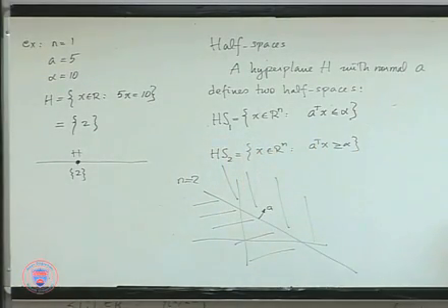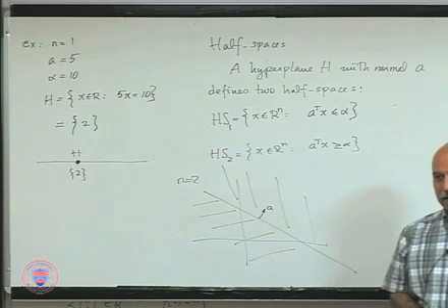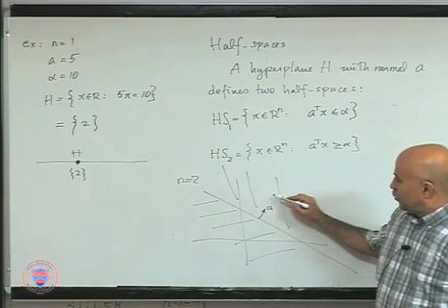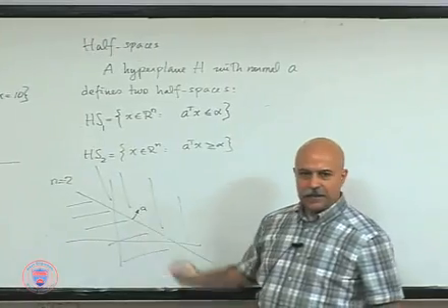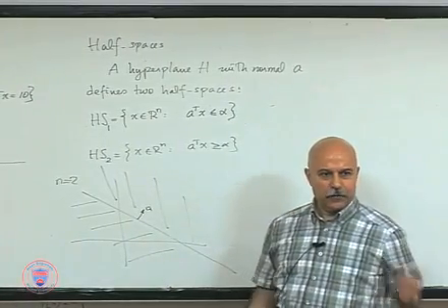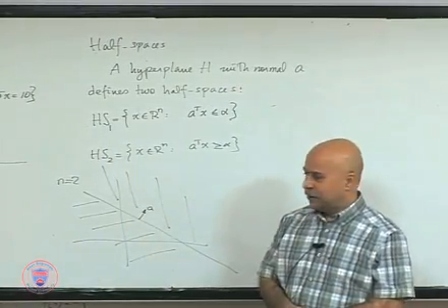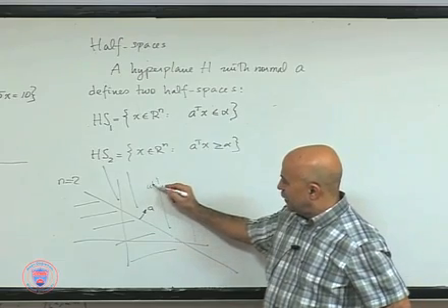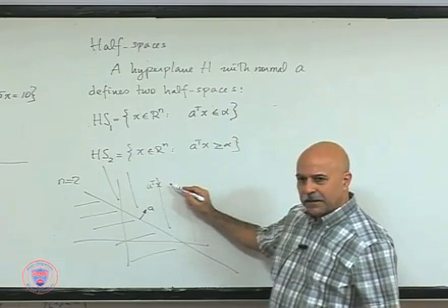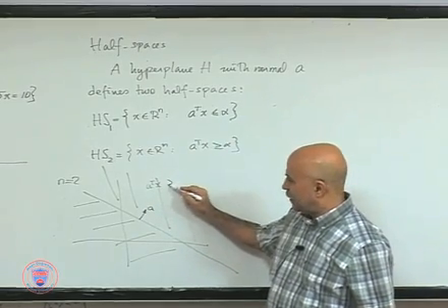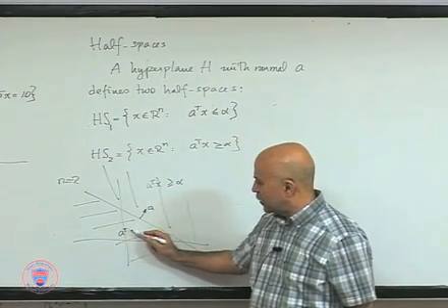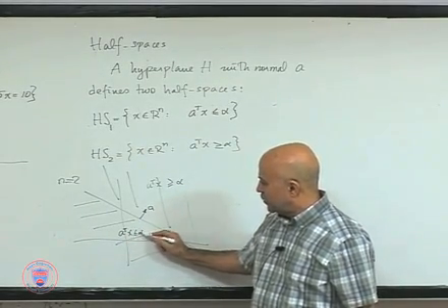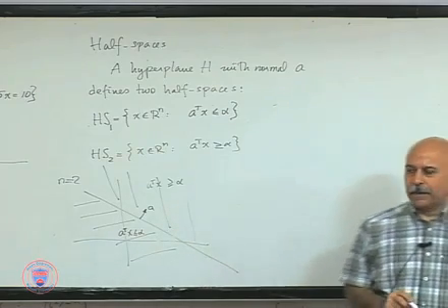Points here are in the same direction as A, or they are within 90 degrees of A. So which part is this? A transpose x greater than or equal to alpha. This part is the set of points x which are less than or equal to alpha.